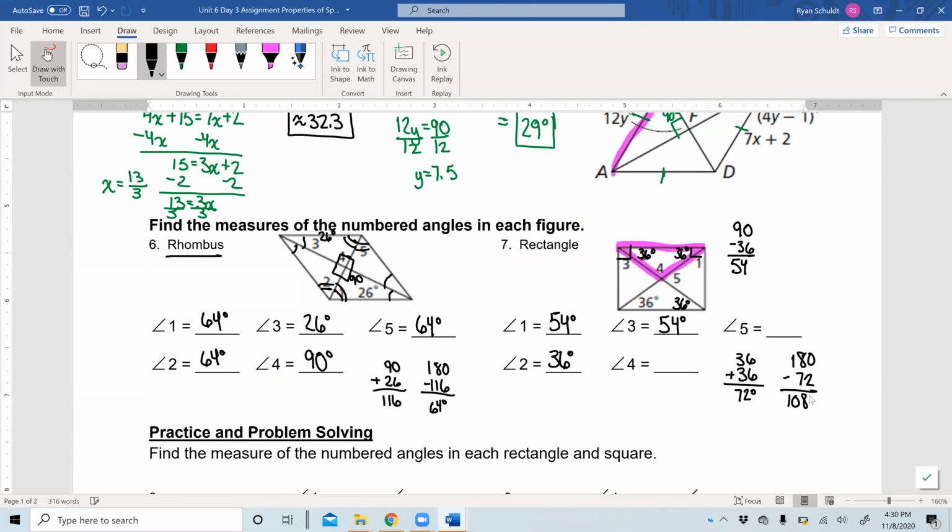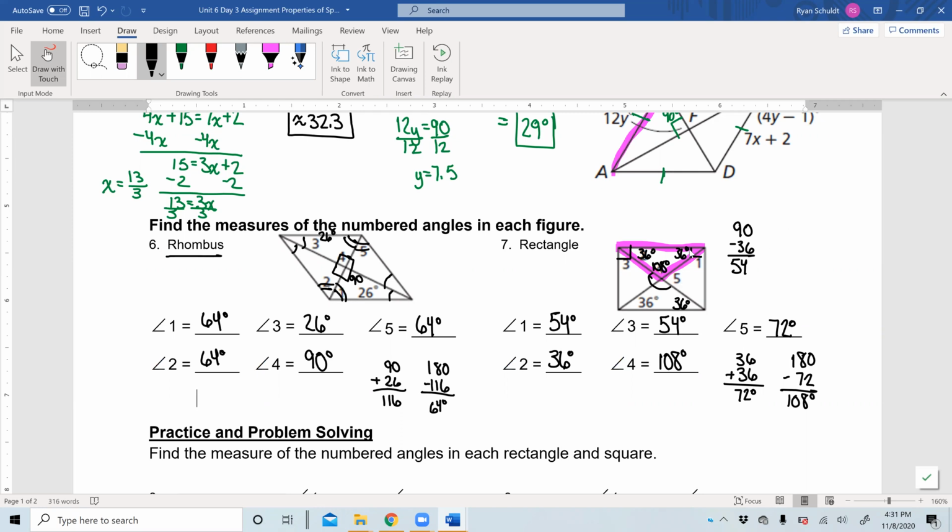Get 108 degrees. So that's what angle 4 is, 108 degrees. But now remember, this is on a line, so if 4 is 108, it still has to add up to 180, which means 5 has to be 72. Since they're on a line, they both together give you 180. That one's got to be 72.